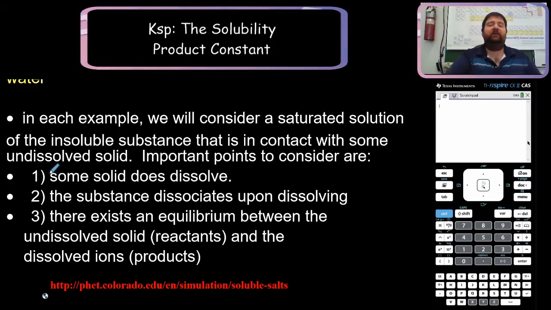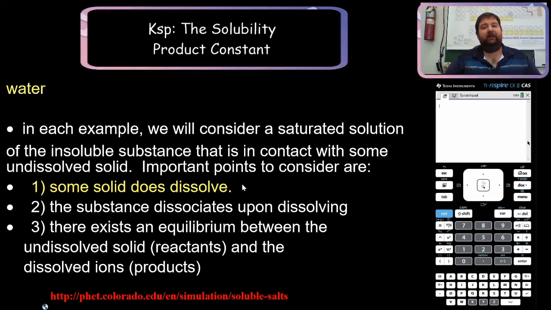The important things to remember here are, first off, some of the solid actually does dissolve. Just because it's low solubility does not mean that it doesn't dissolve. It just doesn't dissolve well. Some of that solid is dissolving. And when something dissolves, the substance dissociates.